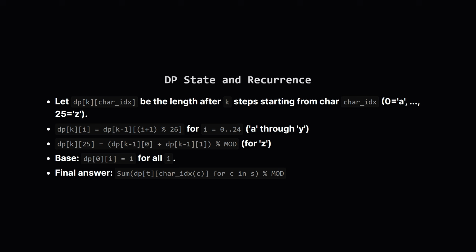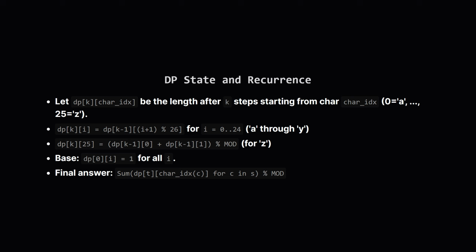We can turn this idea into a dynamic programming approach. Let's use numbers 0 through 25 to represent a through z, let dp of k, i be the length after k transformations, starting from the character represented by index i. So, for any character a through y, indices 0 through 24, the length dp of k, i is just equal to the length from the next character after k minus 1 steps. That's dp of k minus 1, i plus 1.